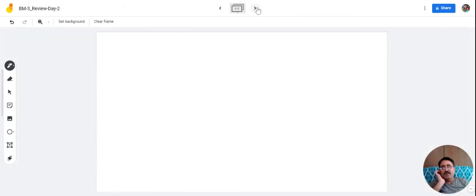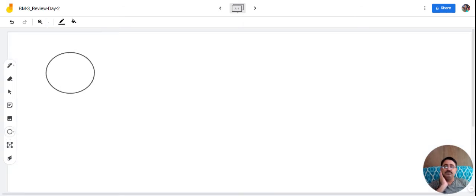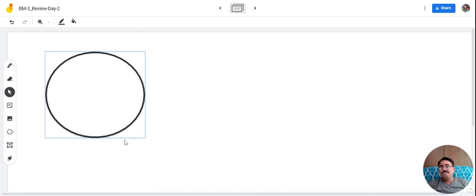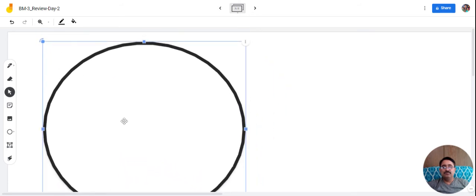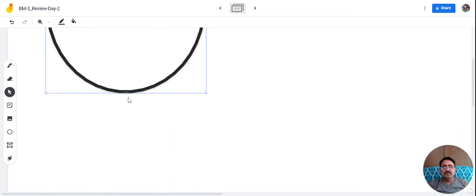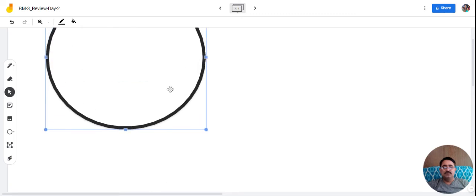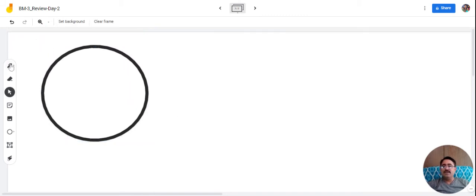Let me take one more question on circles. Say a circle is given and this is the center of the circle, and you are asked to find the length of an arc.